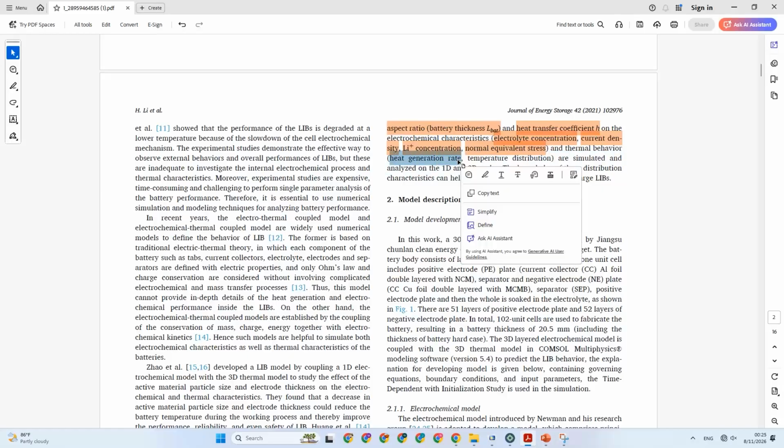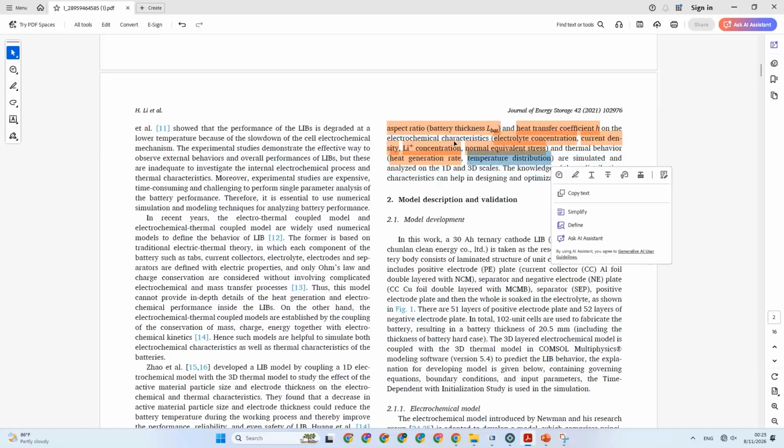These are the outputs. All of the mentioned variables are outputs of the simulation, which means electrolyte concentration, current density, Li concentration, normal equivalent stress, heat generation rate, and temperature distribution.